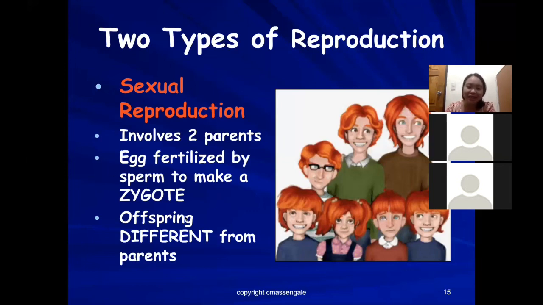So anyway, going back to reproduction, it must have two different parent materials: an egg fertilized by the sperm to make a zygote. So it should be male and female for sexual reproduction. The egg is from the female and the sperm from the male, forming a zygote, which means the fertilized egg and sperm.